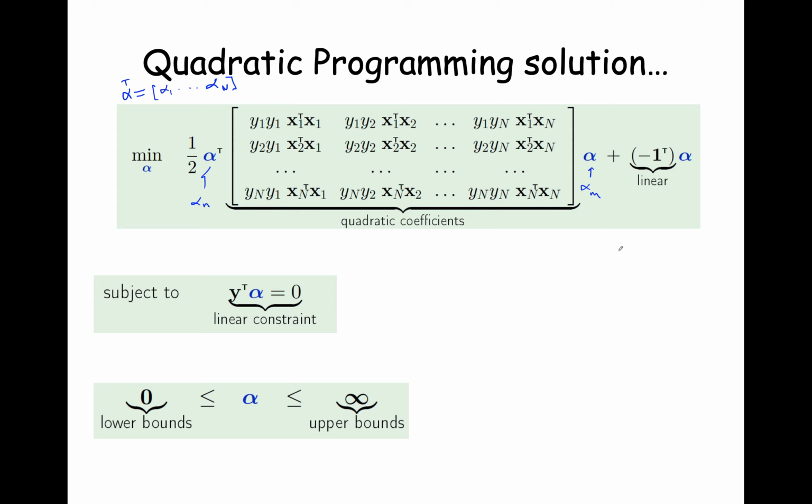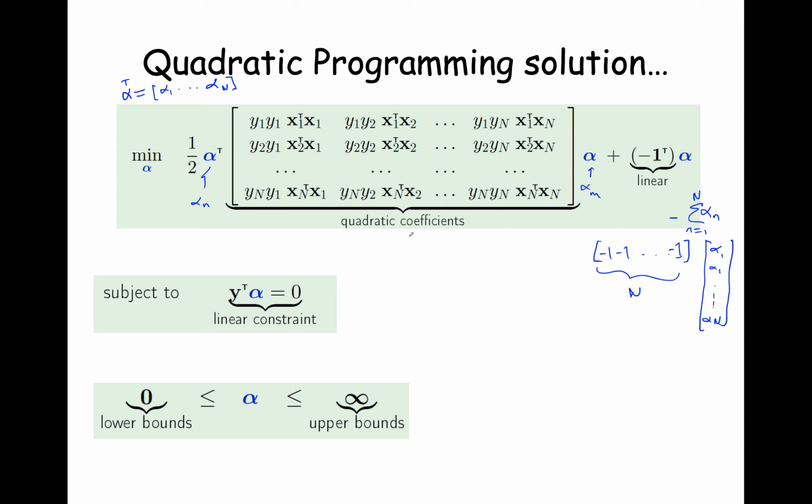This is just minus 1 transpose, and the rank of this is big N. And then we have our alphas: alpha 1, alpha 2, up to alpha big N. If we do that, we end up with minus the sum, n goes from 1 to big N, of all the alpha n's. So we have our leading 1/2, alpha, our quadratic coefficient matrix, alpha m, and then our second term from the original QP problem.